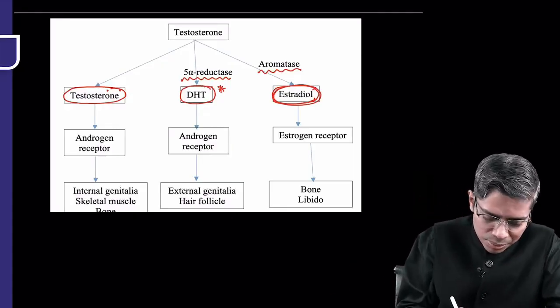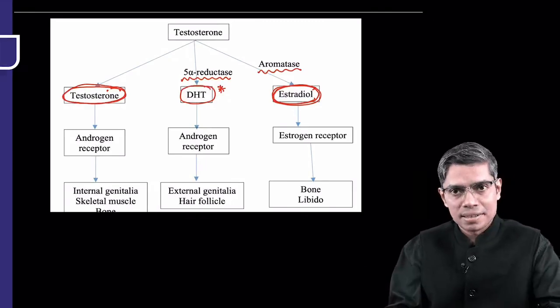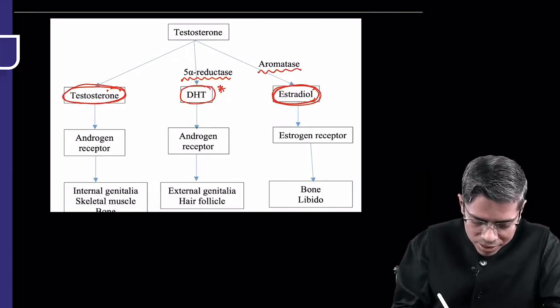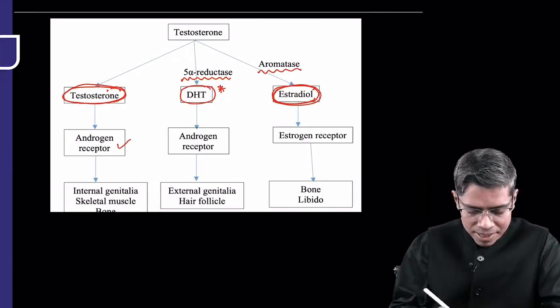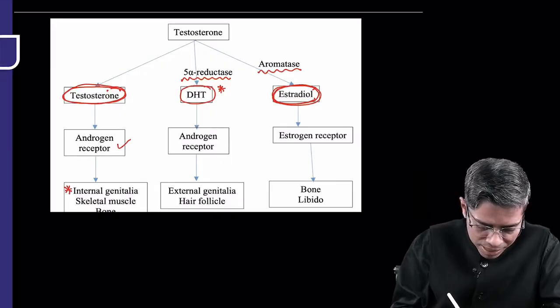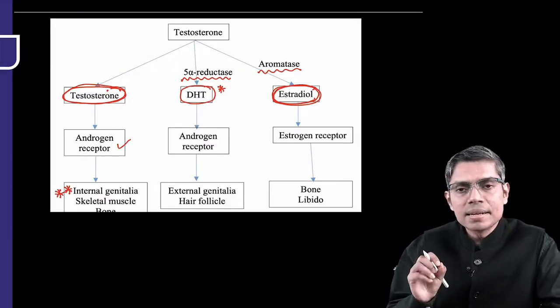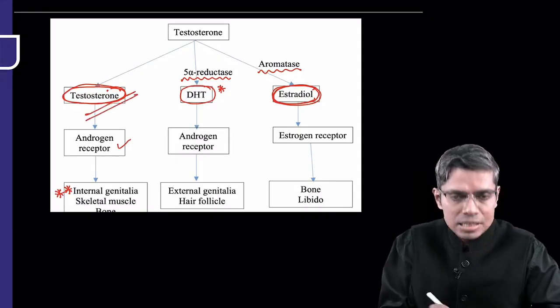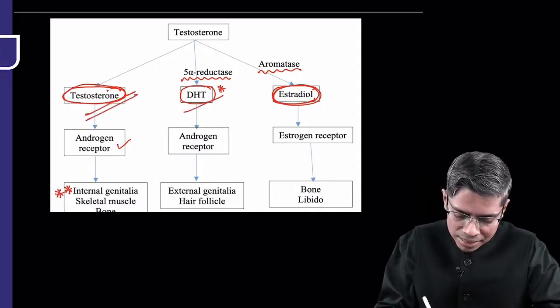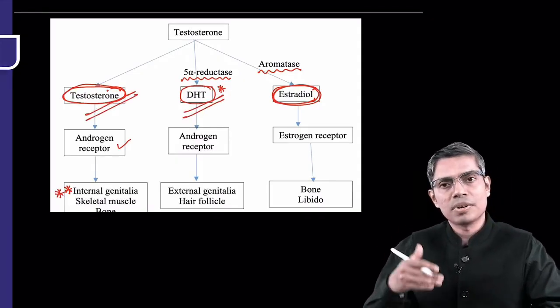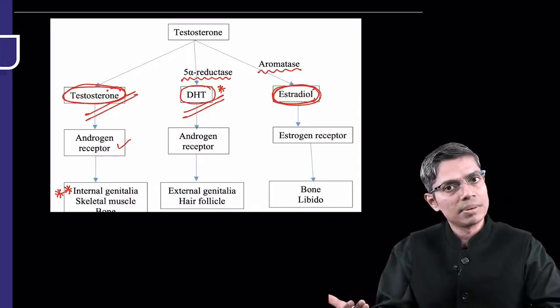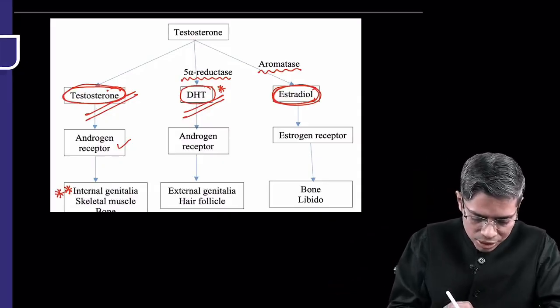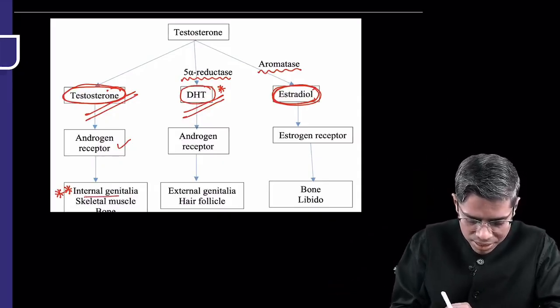So what is the function of testosterone in male? It acts on the androgen receptor, obviously, and it is mainly responsible for development of internal genitalia. So remember, testosterone is for internal genitalia and dihydrotestosterone is for external genitalia development, right? That's why it is written that testosterone has its main action on internal genitalia.